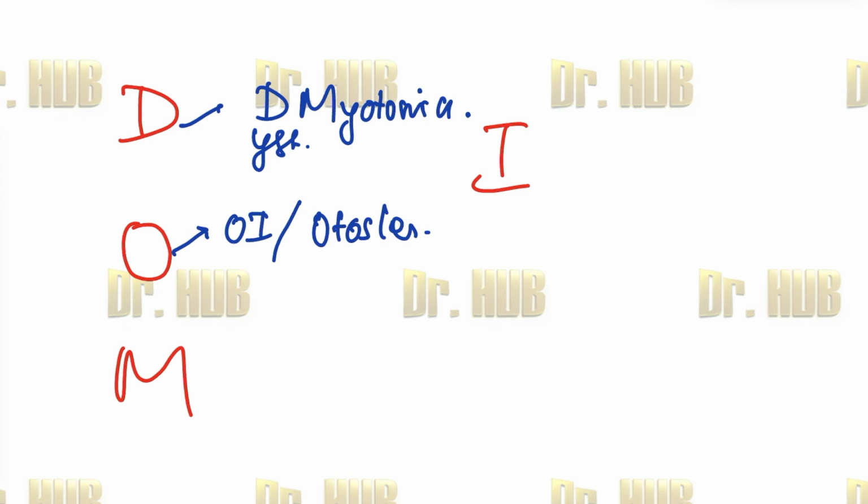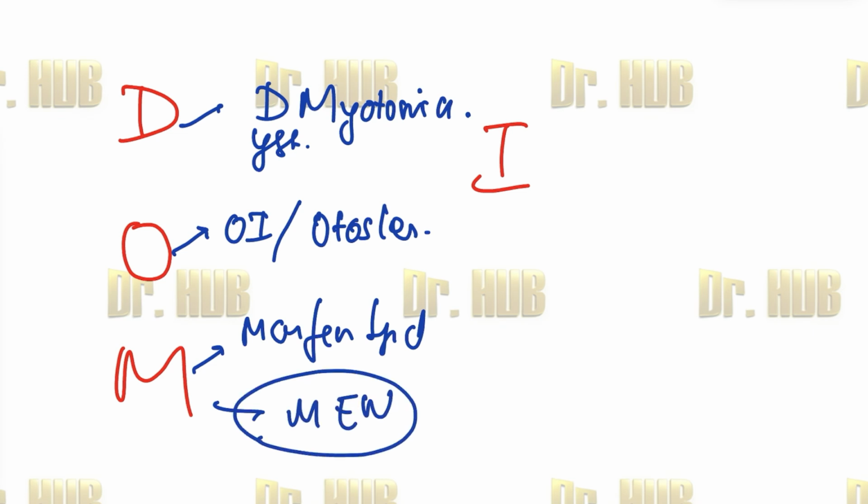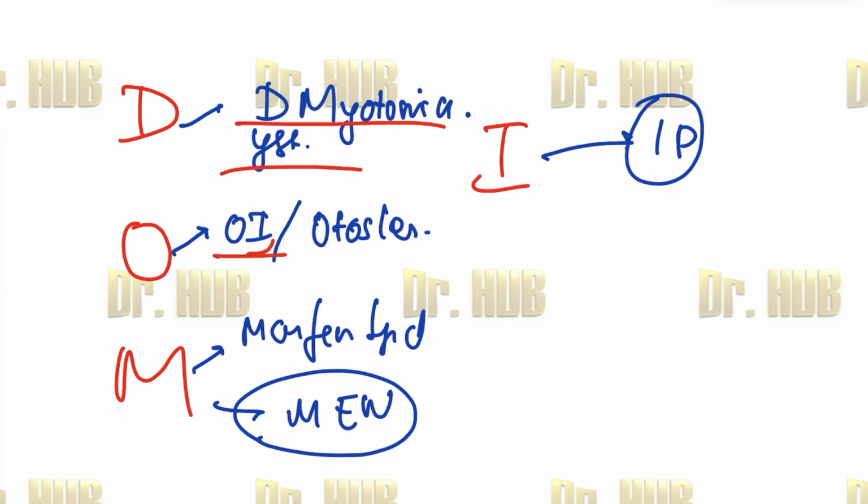Next, we look at M. M is for Marfan syndrome as well as MEN, that is multiple endocrine neoplasia. And then comes I for IP, that is acute intermittent porphyria. To recap, D for dystrophia myotonica, and O for osteogenesis imperfecta, which is concerned with the bone.